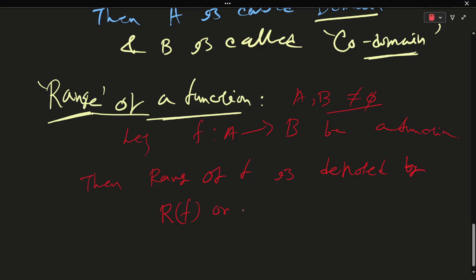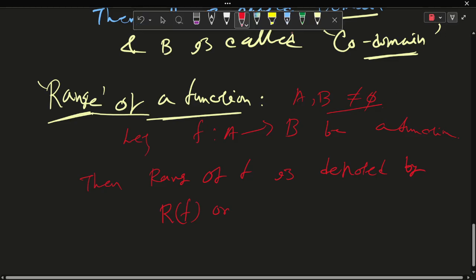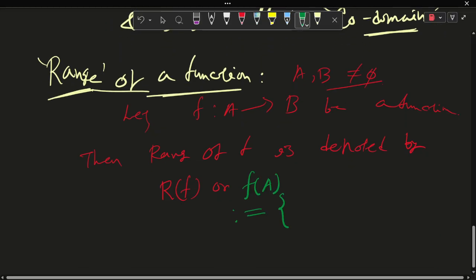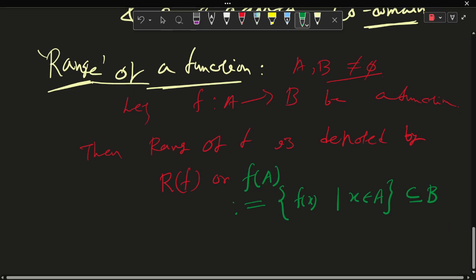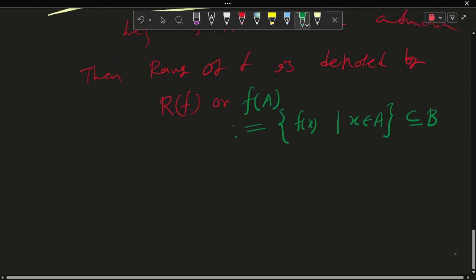Or, another notation, f(A). And that's the definition: those elements f(x) such that x belongs to A, and this is a subset of B. It cannot be said to be equal, but it may be equal.